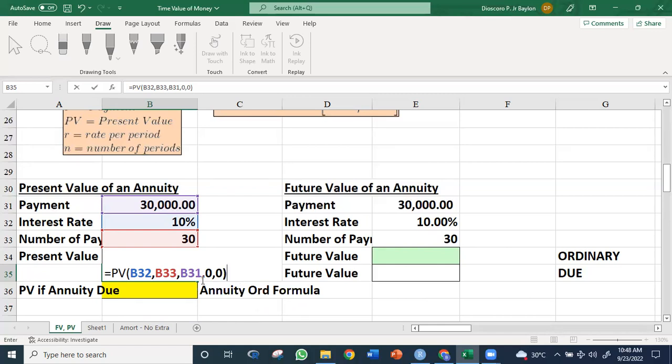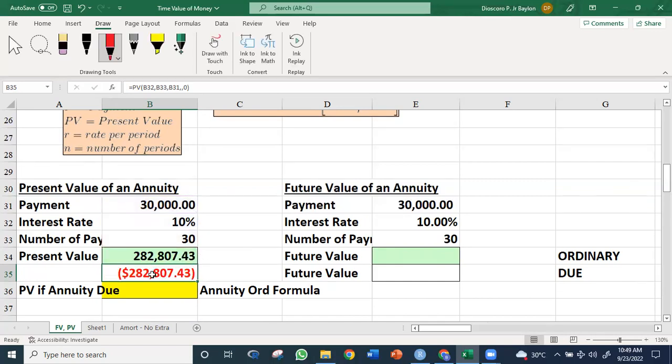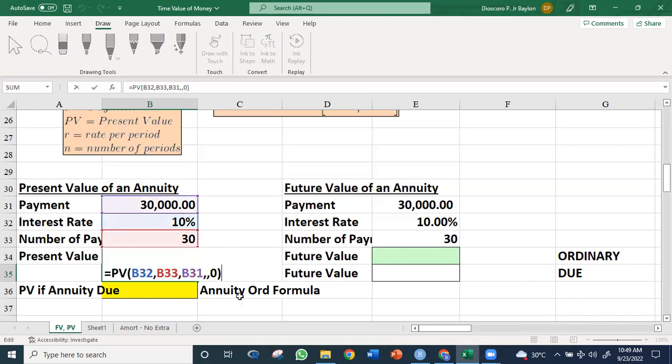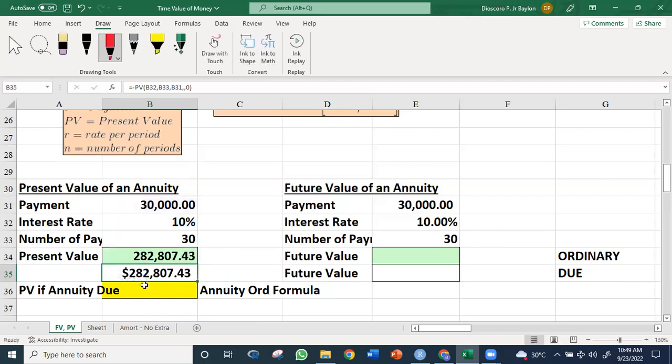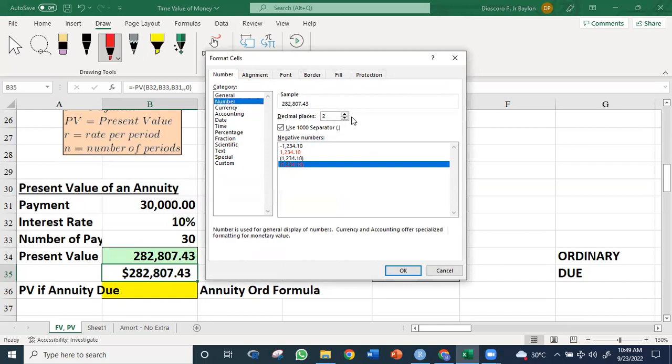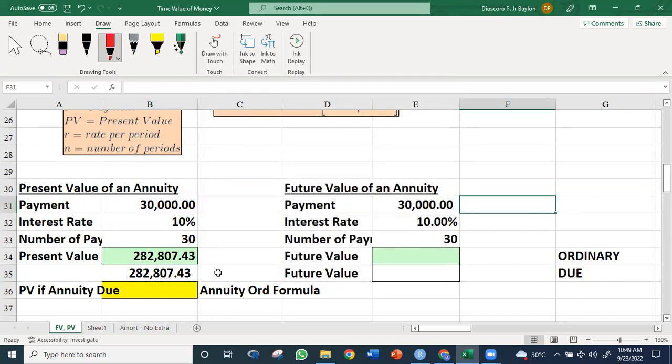There's no future value, and 0 here means annuity at the end of the period, which is annuity ordinary. If I press Control Enter, I'm having again a negative sign here, so I'll just put a negative sign in front. Control Enter. Control 1 is to make it just into a number. So Excel gave us the same answer as the formula.